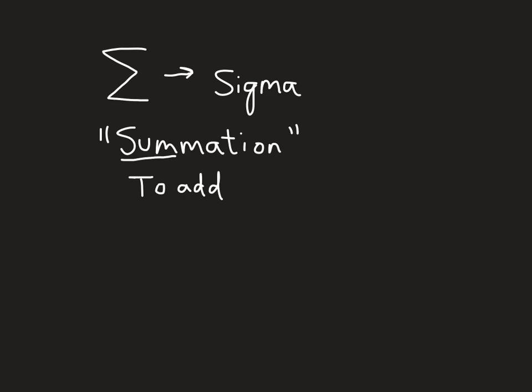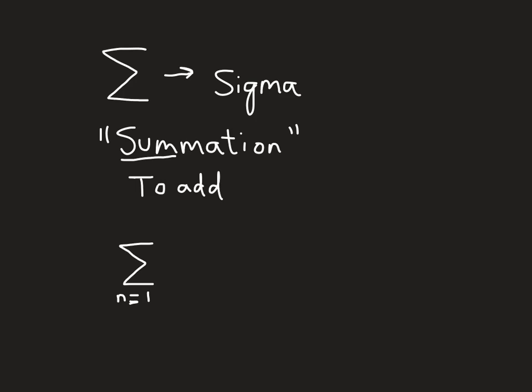Well, we're going to add a little bit to this symbol, and I'm going to start with a simple example. Typically, you'll see the capital sigma. Below the sigma, you'll see either n or x or i. I'm going to use n today. And it's that letter n or x or i equals 1.